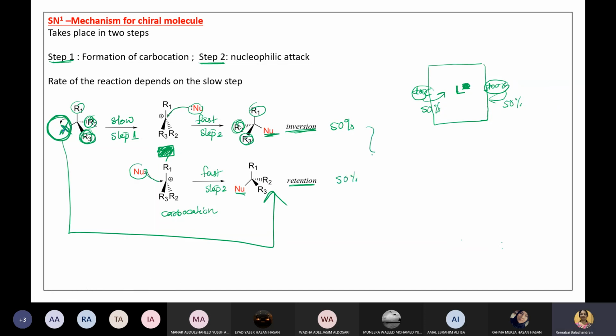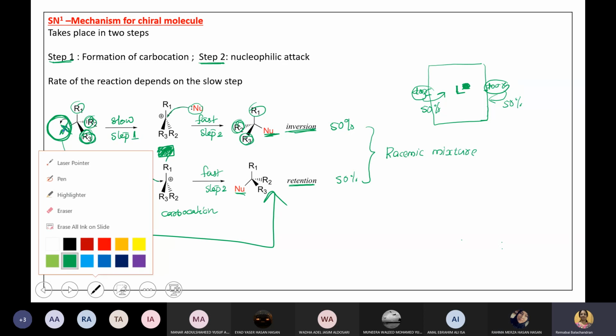So we call it, what is it called? Yes, you get a racemic mixture. Understood?